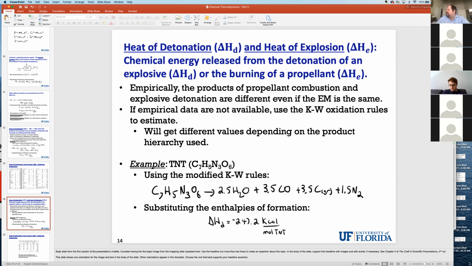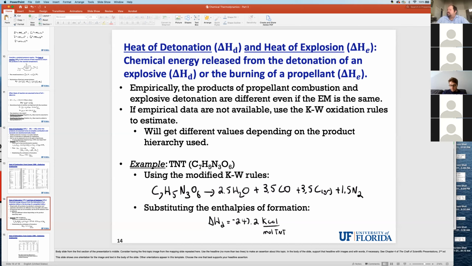Because the species compositions are different, the heats of explosion and detonation are different. But if you assume that the product composition is the same for both the flame and the detonation, then they will give the exact same value. In general, they are different, and that is only due to the different thermodynamic states that are produced by a detonation or a burning propellant.